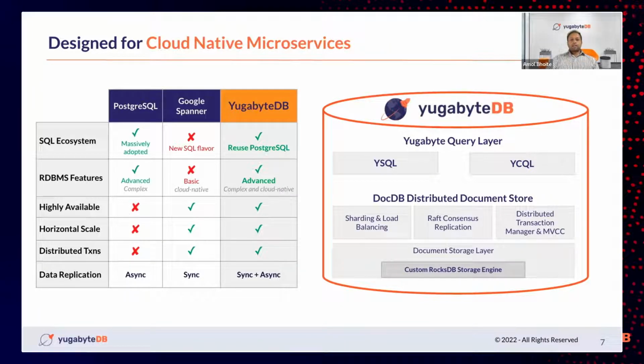That is, the architecture is all based on the Google Spanner design. Yugabyte DB supports two flavors of distributed SQL. First one is YSQL, which is a fully relational SQL API that is compatible with the SQL language in PostgreSQL. YCQL has its roots in the Cassandra query language.